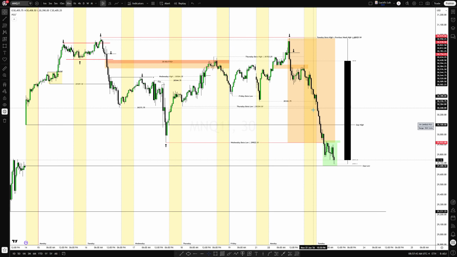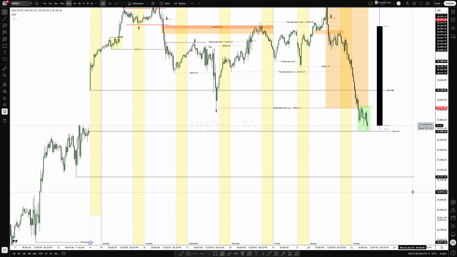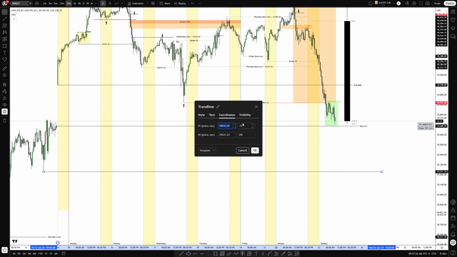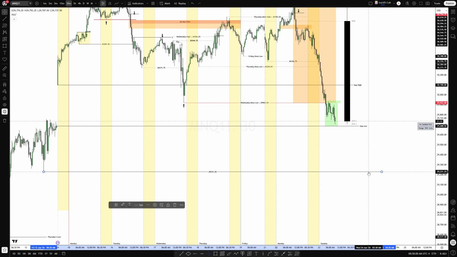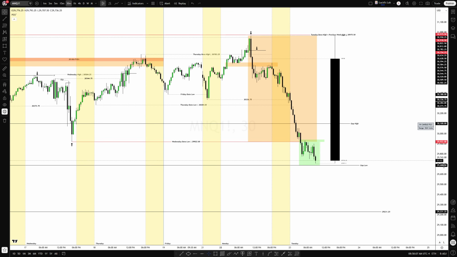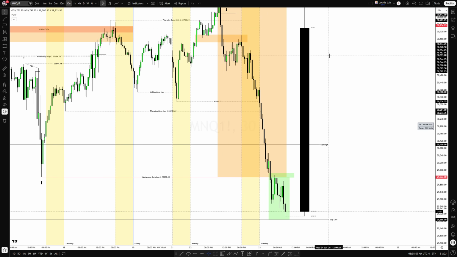Or since we've already been spooling down anyways, we might not come back up and just continue to send downwards into the gap and maybe get underneath this low here, resting at 29,231.25. So if it does happen and we get down here, we'd definitely like to see this level get traded into. If it doesn't, then just expect a retrace going further up.